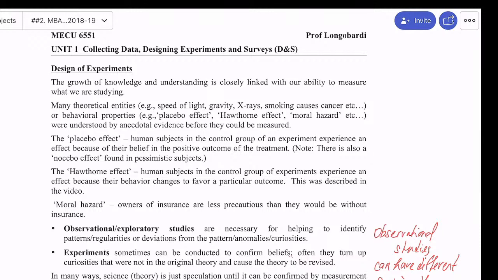So whatever it is, the behavior changes might affect the outcomes that are being measured just because they're part of the study. And the way that we'll see that is that the control group experiences the same. The reason for the control group is so that we can pick up any kind of changes and create a new baseline.